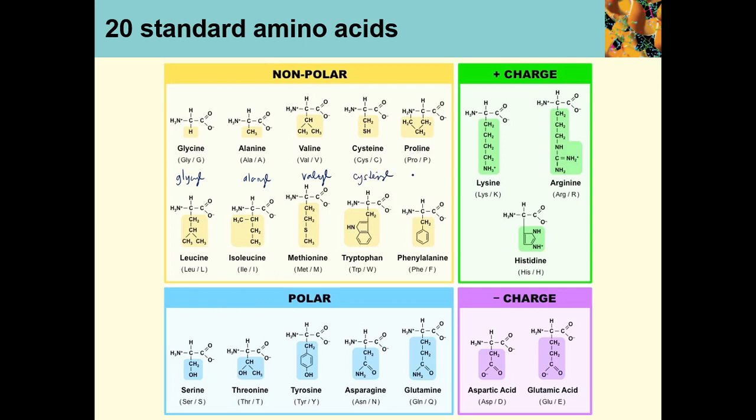Your proline will become prolyl. Lysine will become lysyl. And then arginine will become arginyl. Histidine will become histidinyl or histidyl. We have your phenylalanine becoming phenylalanyl. Your tryptophan will become tryptophyl.